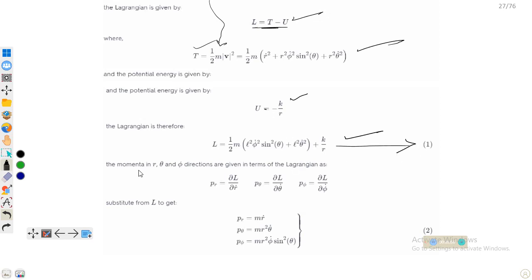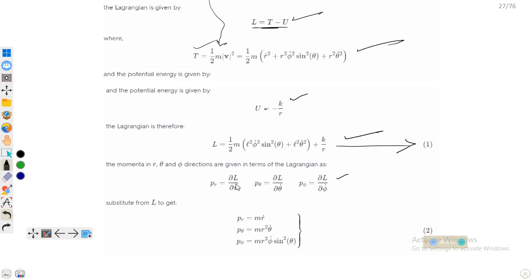Then the generalized momentum. We can find the generalized momentum from this Lagrangian, where pr is equal to partial L over partial r dot, p theta is equal to partial L over partial theta dot, and p phi is equal to partial L over partial phi dot.